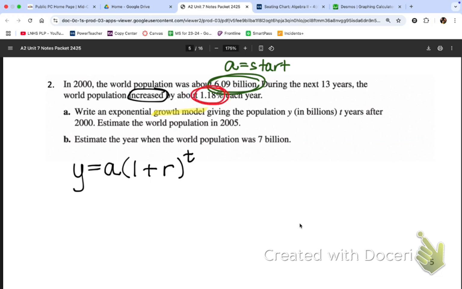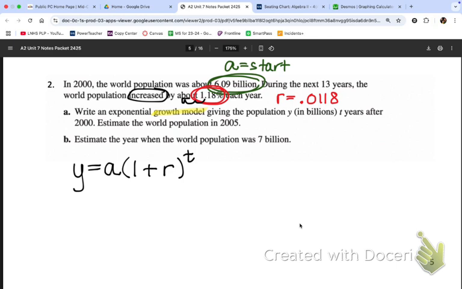I understand that this percentage has a decimal in it, but that does not mean that's what you use. You need to take the percentage and move the decimal place two to the left, and fill the empty spots with a 0. So my rate is 0.0118.